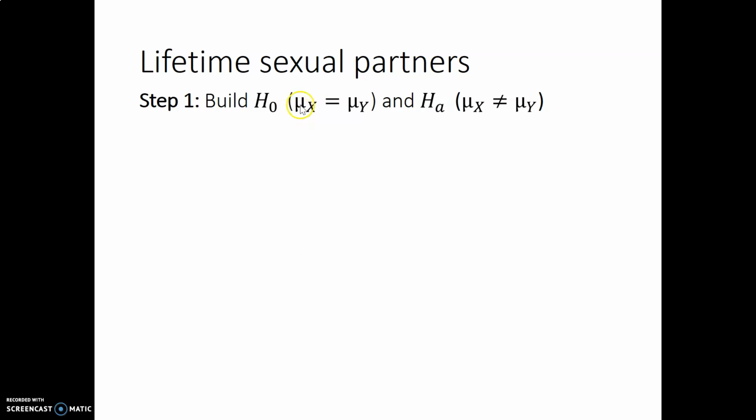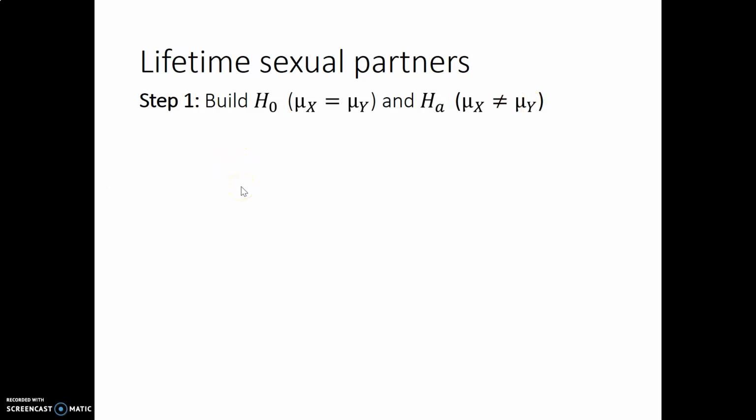So mu x equals mu y, or phrased differently, mu x minus mu y equals 0. The alternative hypothesis is that they have a significant difference, so mu x is not equal to mu y.